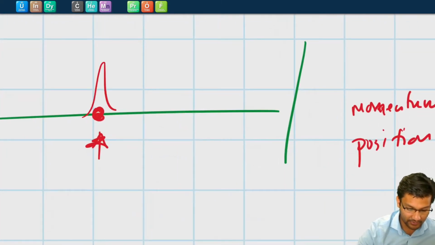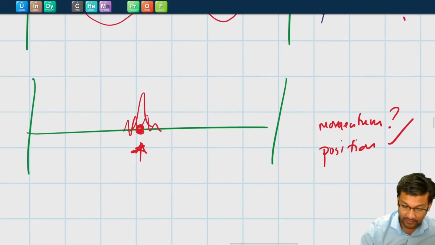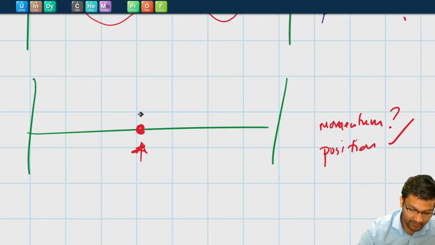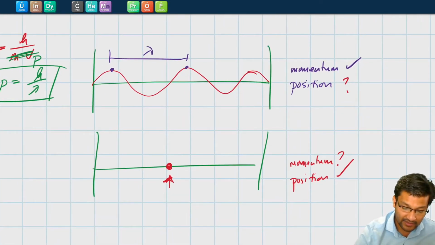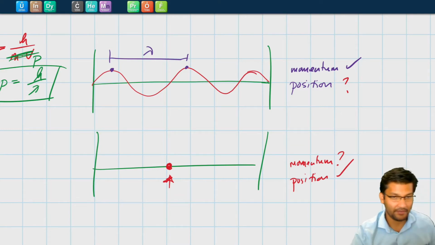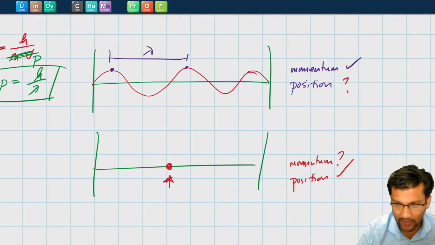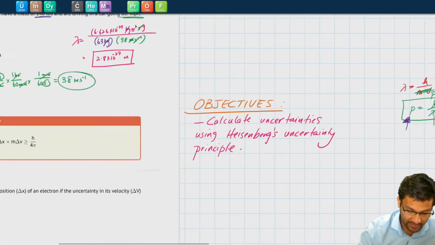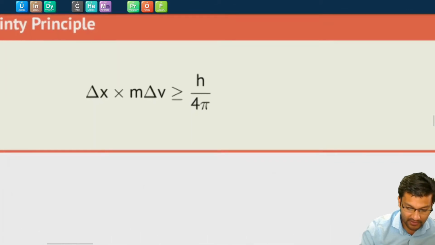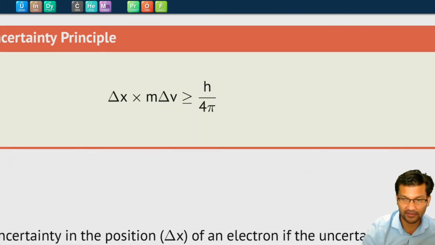We actually have to use lots and lots of waves to determine the position, but I just simplified it with a dot. But all that is to say that if we have waves, we can either know the position or the momentum, but not both at the same time. And there will always be some uncertainty in either the position or the momentum.